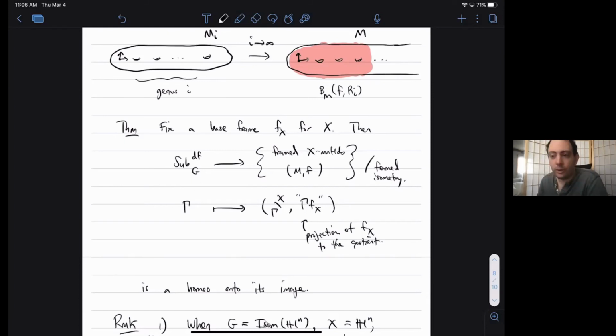It all comes down to the fact that if you have an isometry of Riemannian manifolds that fixes a base frame, then the isometry is the identity. If you have an isometry from a Riemannian manifold to itself that fixes a base frame, then that isometry is the identity.